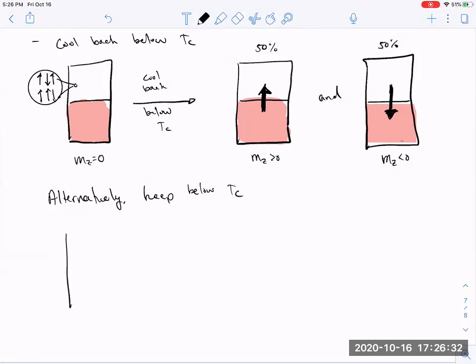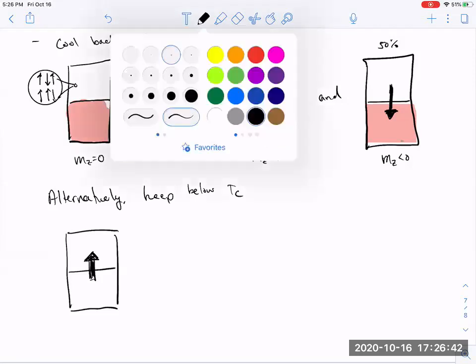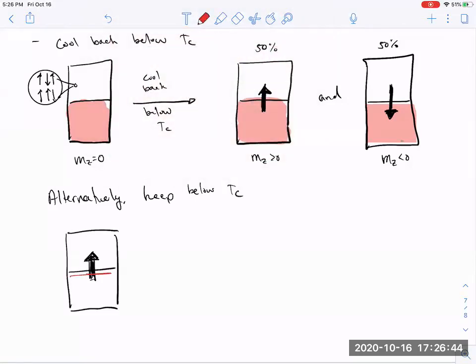So we start with our magnet freshly bought from the store, magnetic moment pointing in the up direction, so from red to white. With net magnetic moment mz, finite and positive.